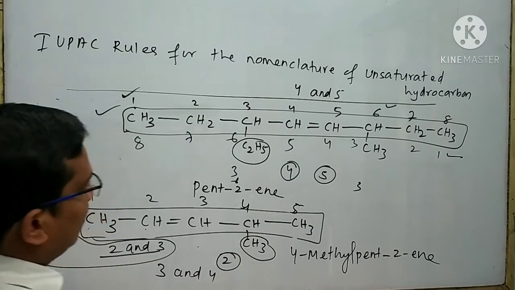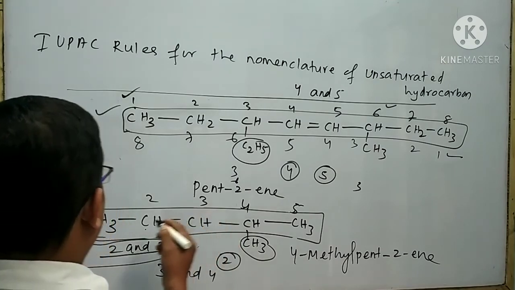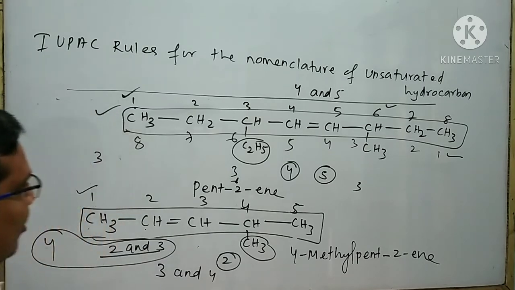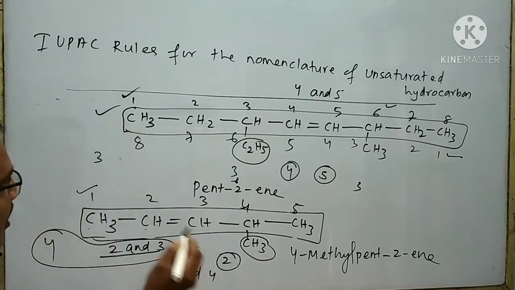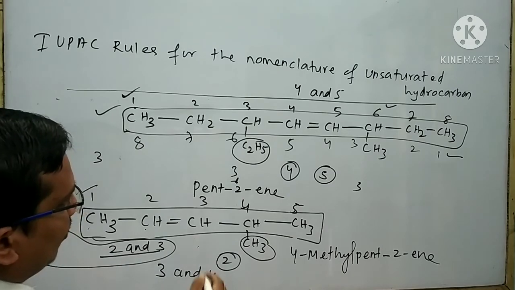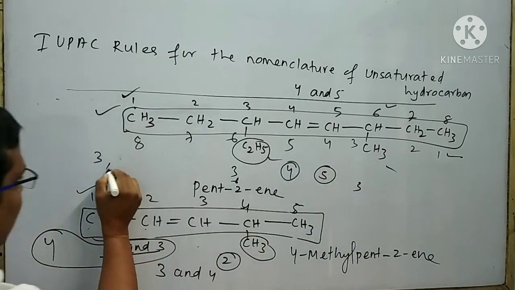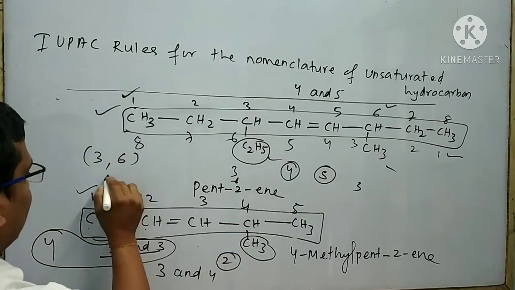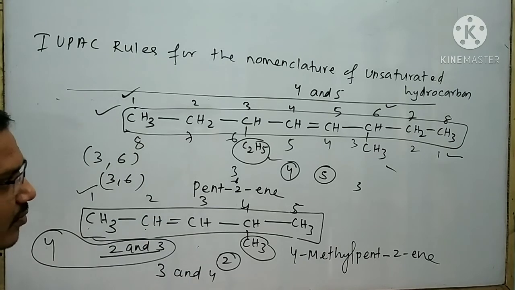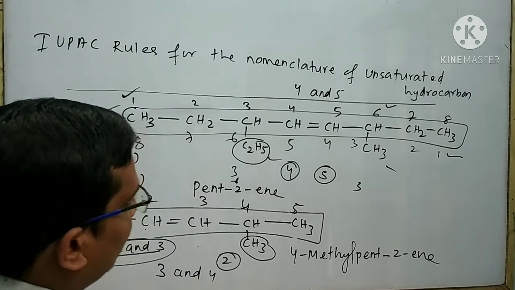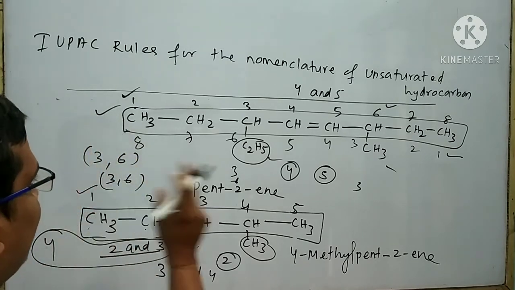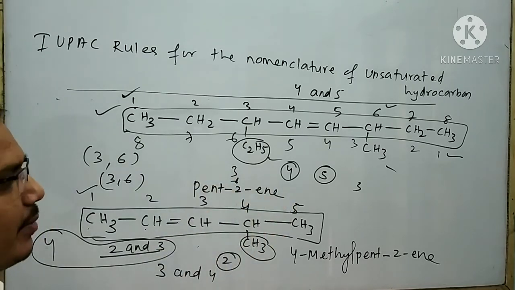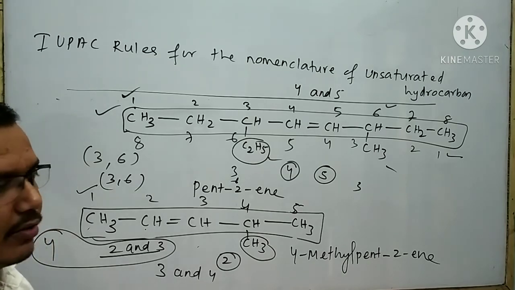On the other end, here also the two side chains have the same set. From left to right, the set of locants for the two side chains is 3, 6. From right to left, the set of locants is also 3, 6. Here the double bond priority is same from left to right or right to left. Also, the side chain position has the same priority from left to right or right to left.